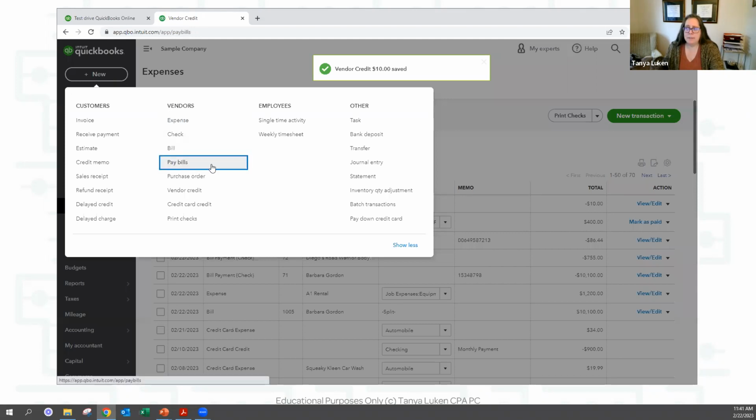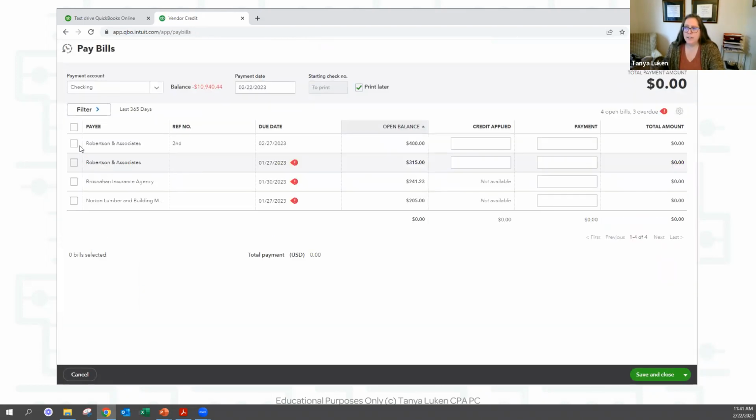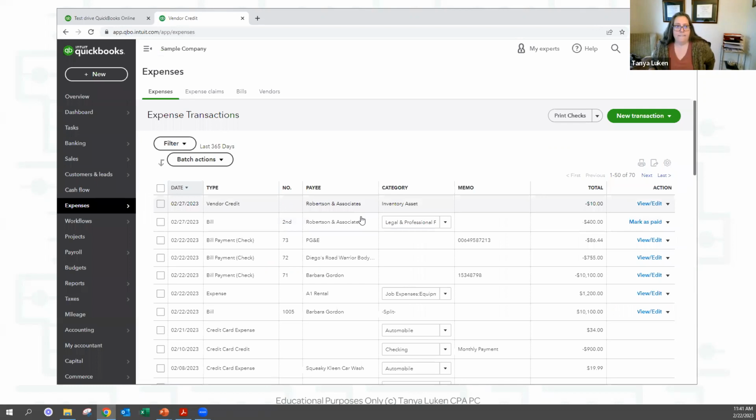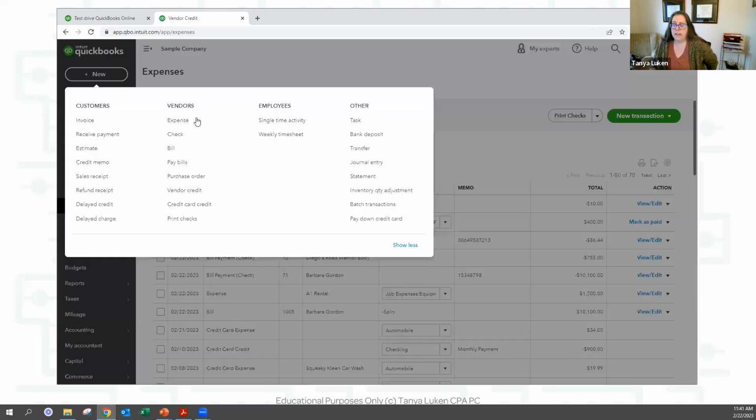And when I go to pay bills now, they're going to show here, but now look, put this $10 in there because I just put in that $10 credit. So this is what's going to happen with your credits: it reduces the amount of bills that you would owe. All right, how's that feel? So we kind of covered everything in this column.